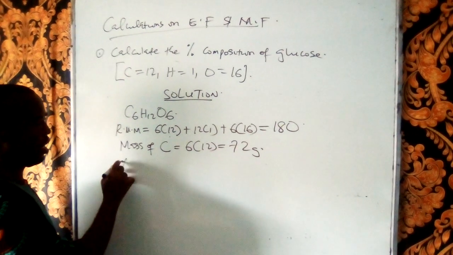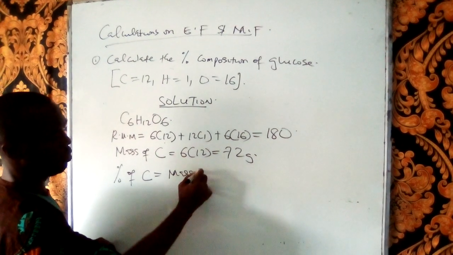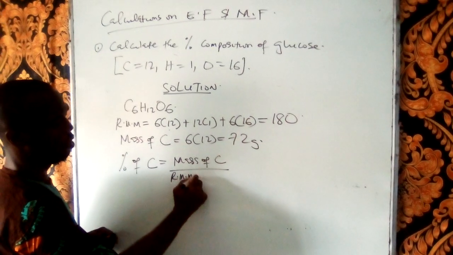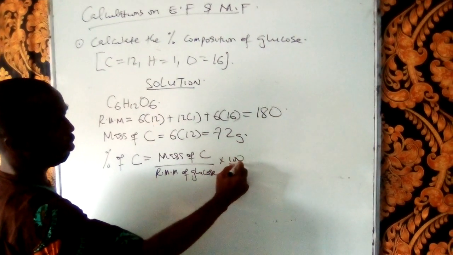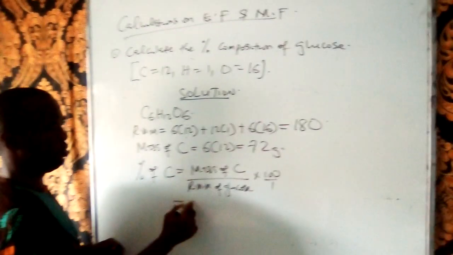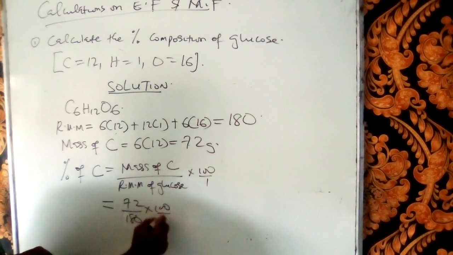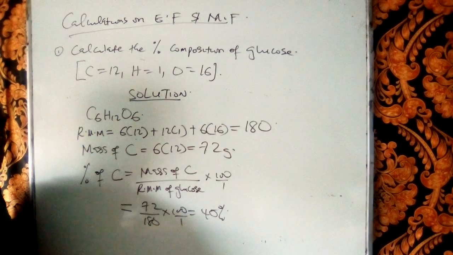So the percentage of carbon will now be mass of carbon all over relative molecular mass of glucose times 100 over 1. And that will give me 72 over 180 times 100, and that will give us 40%. So this is the percentage of carbon.